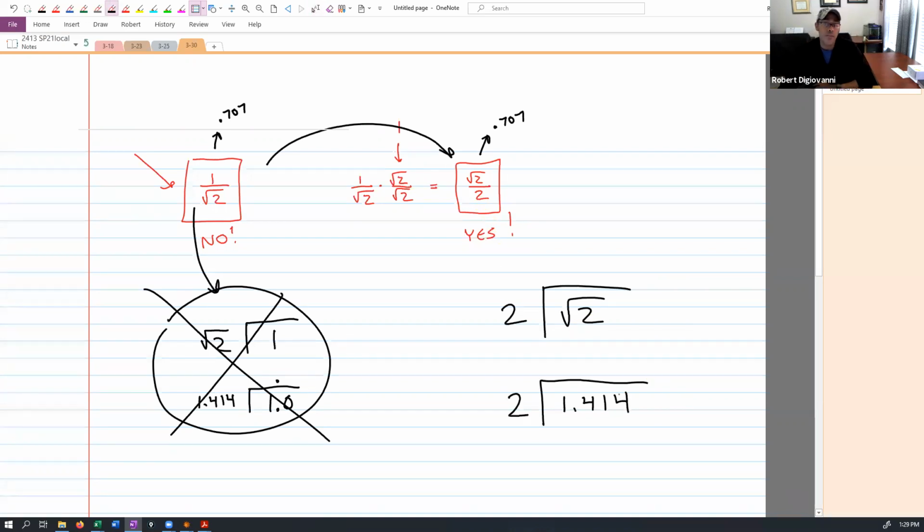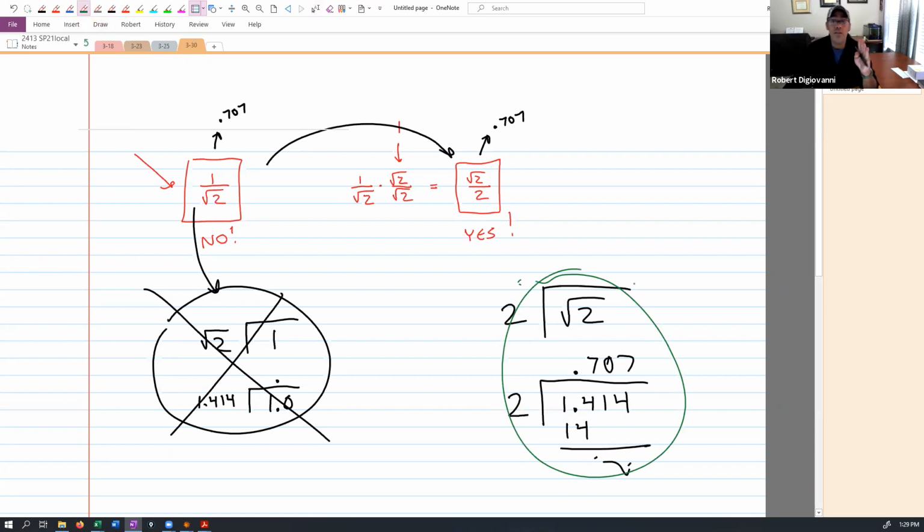Playing this game is easier because 2 doesn't go into 1, right? So you bring your decimal point up and now you say 2 goes into 14. How many times? 7, right? And then you can bring your 14 down, do all your math, you'll get 0.707. So it's much easier, end of story. It's much easier to do square root of 2 divided by 2 by hand than it is to do 1 over the square root of 2.